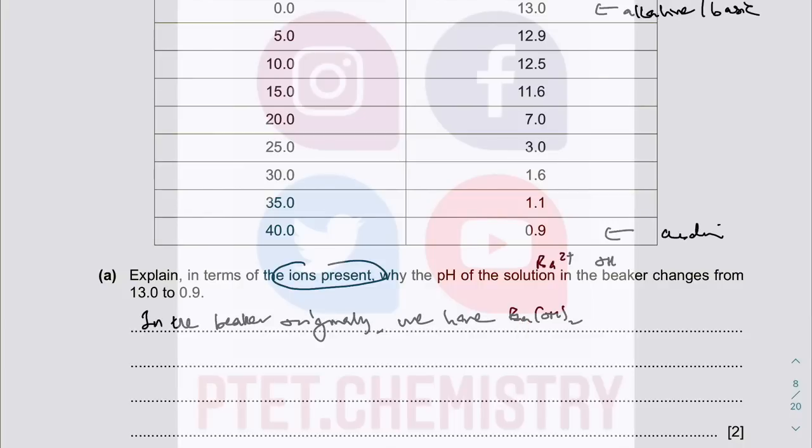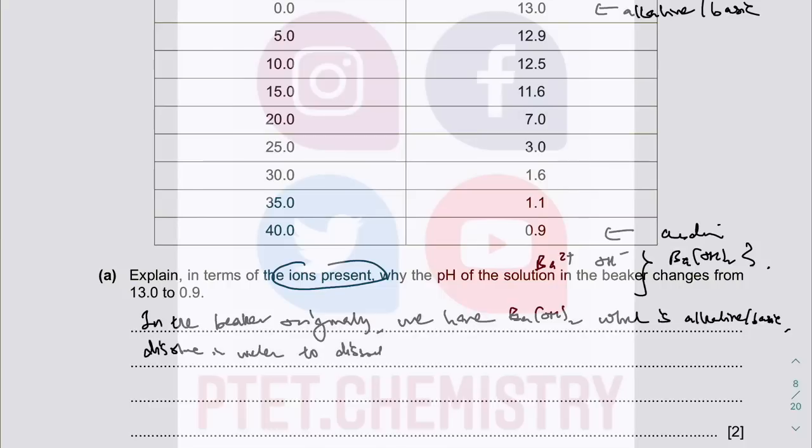Hydroxide anion is also a standard, so 2 plus and minus 1. You should know the valence, which will give you this balanced formula. Barium hydroxide is alkaline or basic; it dissolves in water, or dissociates in water, to give OH minus ions.